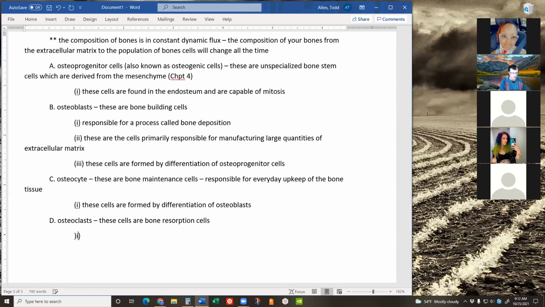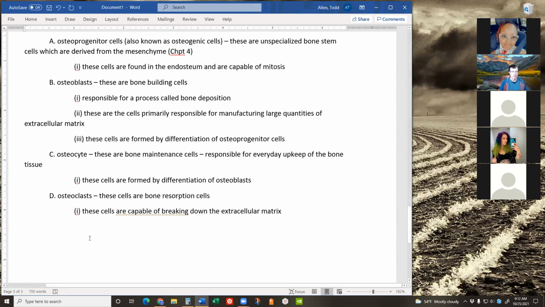And when I say bone resorption, I'm talking about literally the breakdown of the extracellular matrix. These cells are capable of breaking down the extracellular matrix.